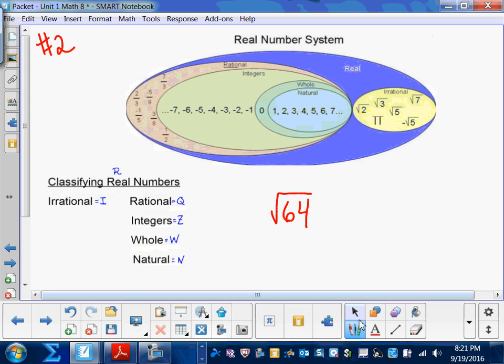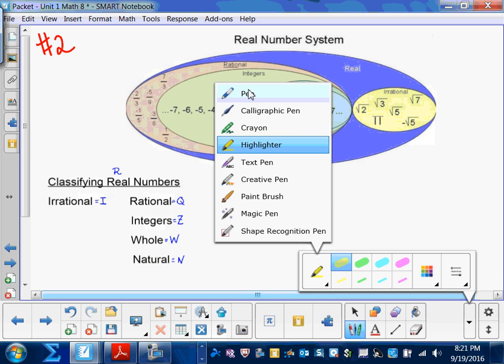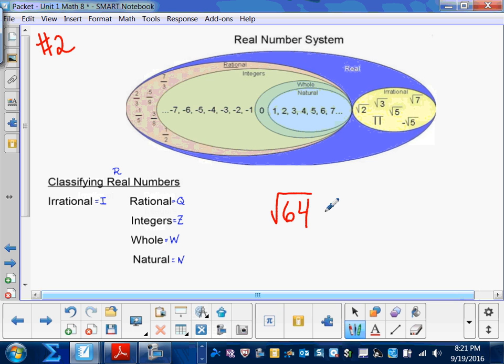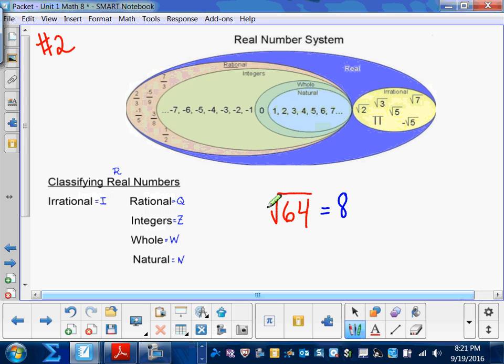Next example is the square root of 64. Well, let's simplify the square root of 64. That's a perfect square. The square root of 64 is 8. So 8 is the number we're going to classify. So we know it's N, a natural number, W, a whole number, Z for an integer, Q for rational, and R for real.